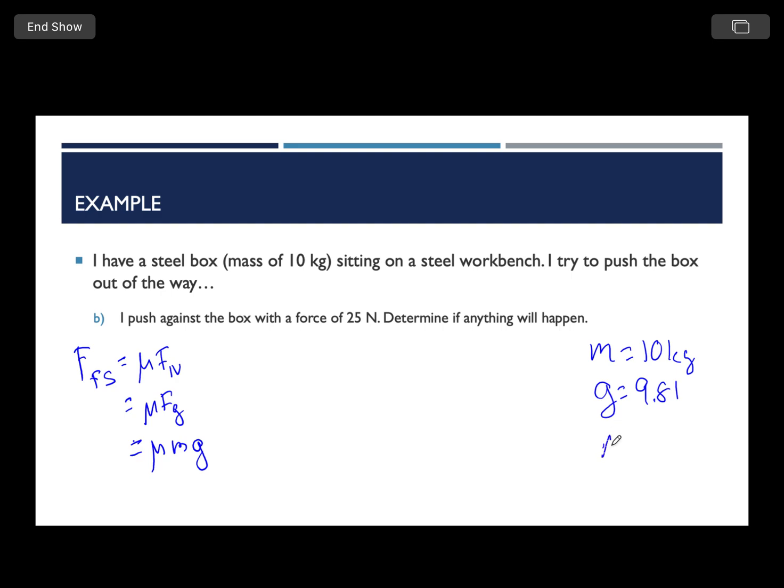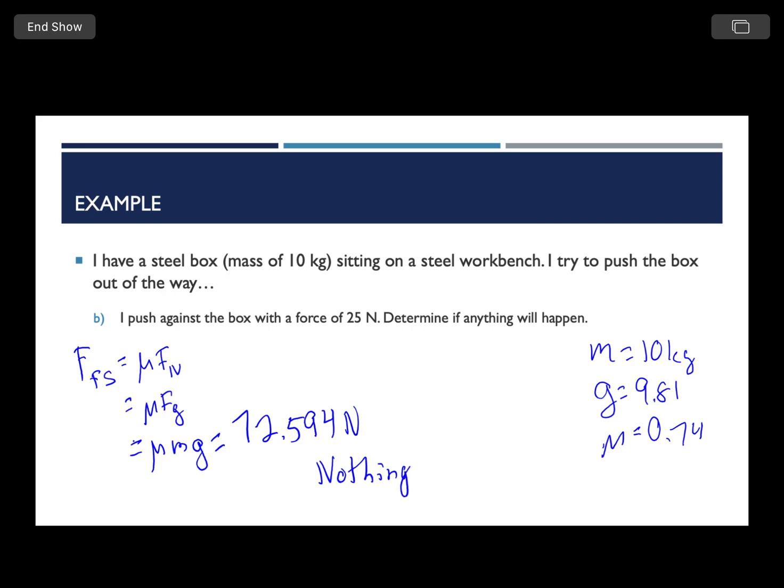And my mu, because it is steel on steel, is going to be 0.74. Okay, so I substitute all those values in, and I should get a static friction of 72.594 newtons.